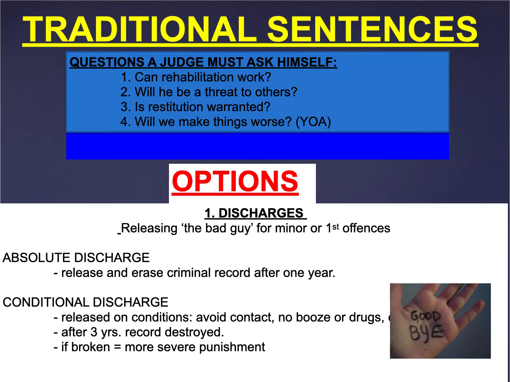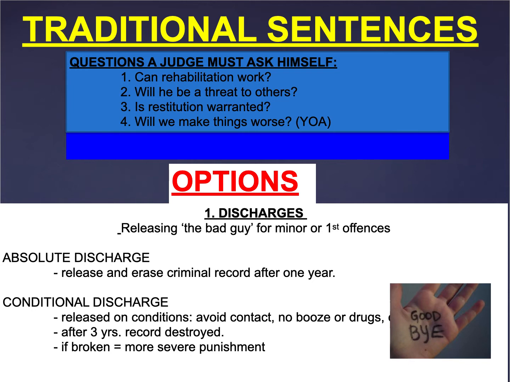Option number one is discharges: releasing the quote-unquote bad guy for just a minor or first offense. If the judge selects a discharge, there are two options. One is absolute discharge, which means the person is released and, as long as the conditions are met, the criminal record is destroyed after 1 year. Or there is a conditional discharge, where the person is released on conditions such as avoiding contact, no alcohol, no drugs.